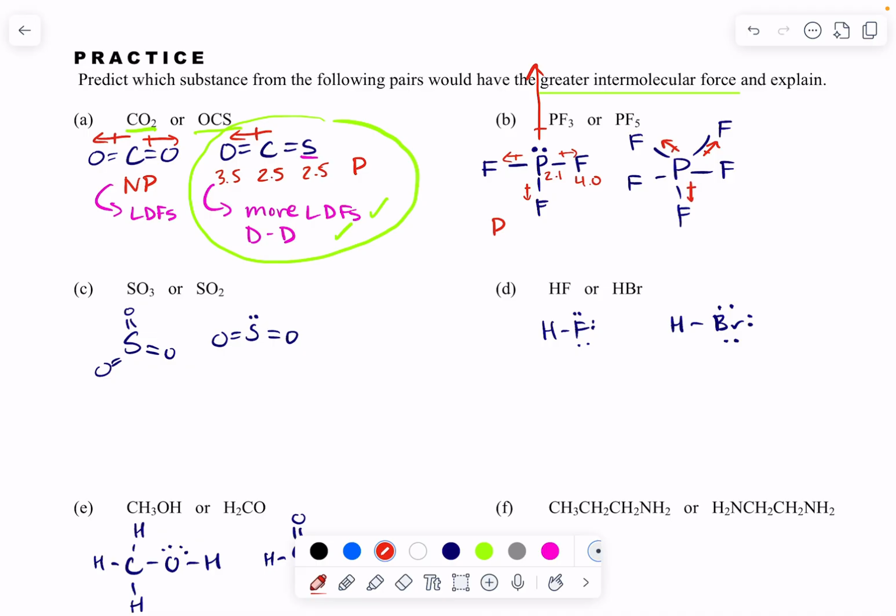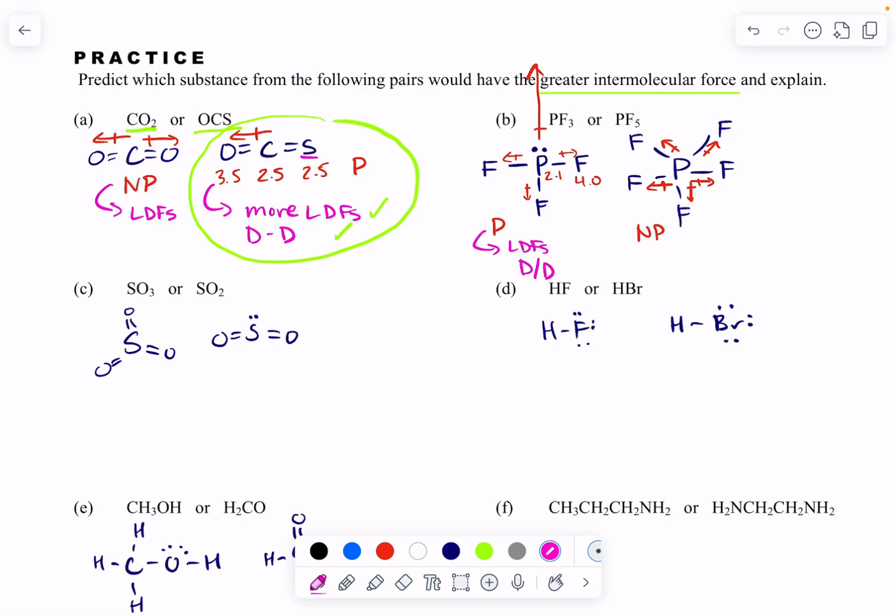And right now I've made my Y formation, so I know that the arrows on PF5 that I've drawn will cancel. Additionally, in this trigonal bipyramidal, left and right fluorines cancel, so this is going to be nonpolar. Because this first one is polar, I know it has LDFs, and I know it has dipole-dipole. I also know that it does not have hydrogen bonding because it does not have H connected to the F that is there.